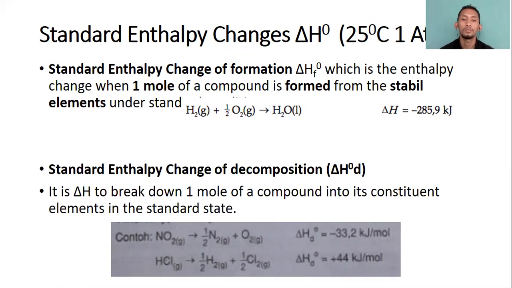Then on the right side, nitrogen will be N2, not only N alone. Maybe some of you will have a question like this: how do we know whether they are N2 or only N, or what kind of atom is stable with index 2?